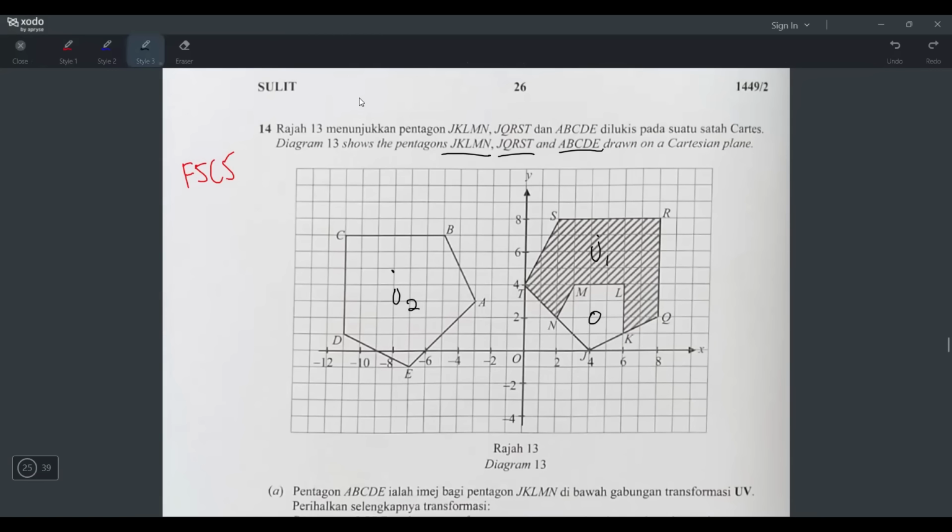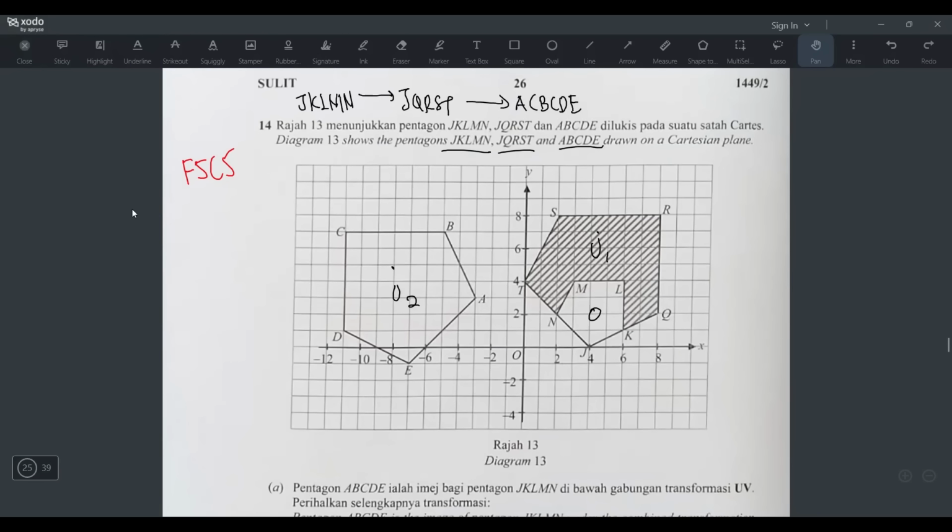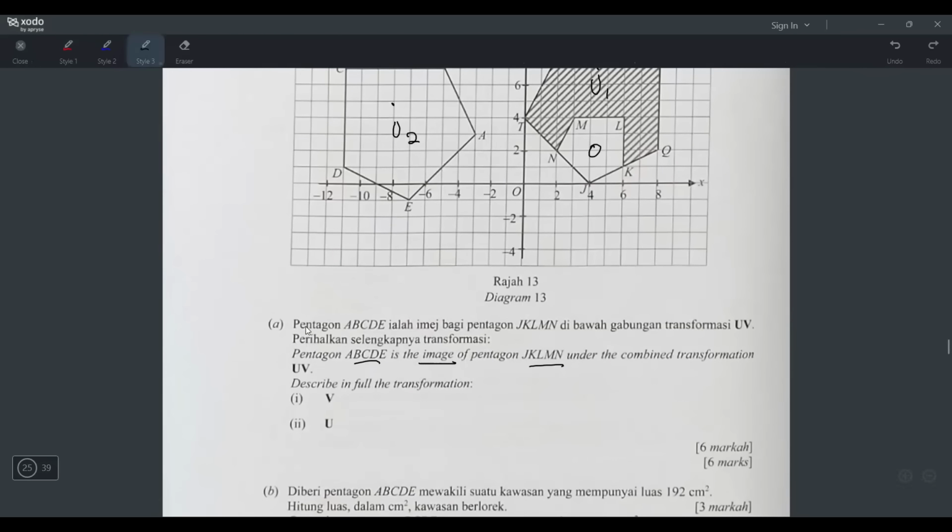There will be two arrows, and you start with JKLMN, the first object. Then you do a transformation, you reach I1, which is JQRST, the first image. And then ABCDE, the final image. And they say it's under two transformations UV, which means you do V first and then U.